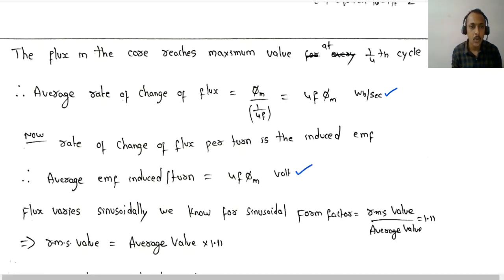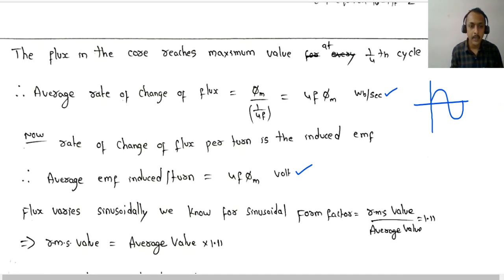With respect to sinusoidal quantities, the form factor is given by the ratio of RMS value and average value, and in the previous classes we have seen its derivation. The form factor of a sinusoidal quantity is 1.11.